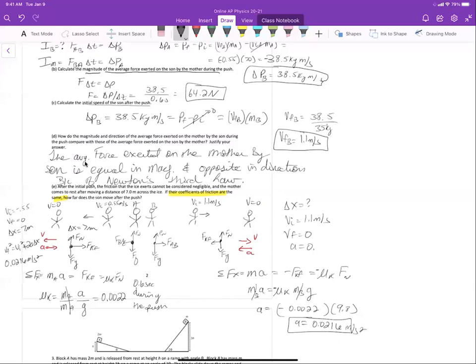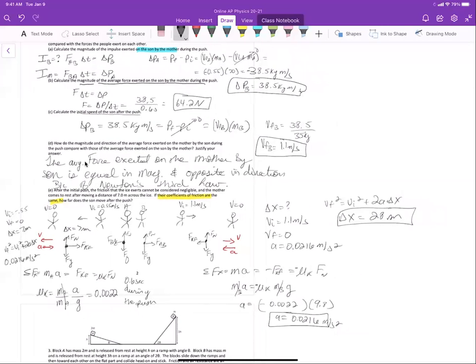Acceleration is 0.0216 meters per second squared. I can solve for delta x using 54321. And I will find delta x to be equal to 28 meters. Okay. That is the solution for problem number 2.